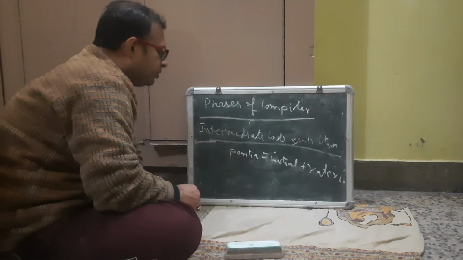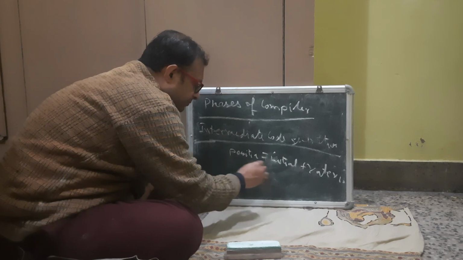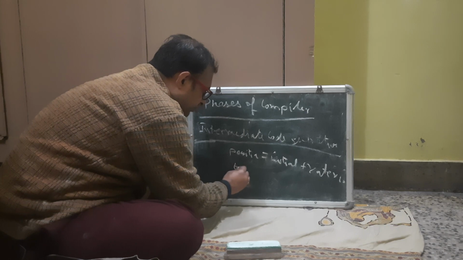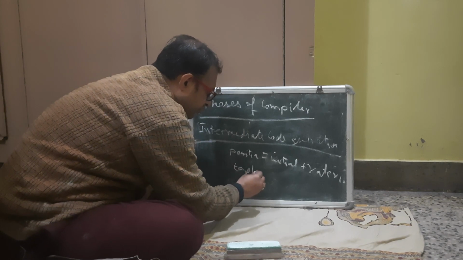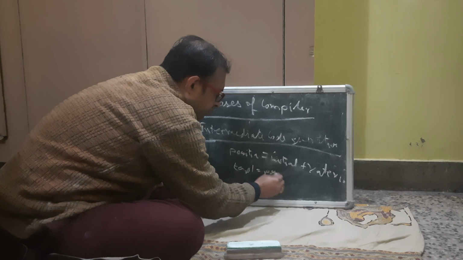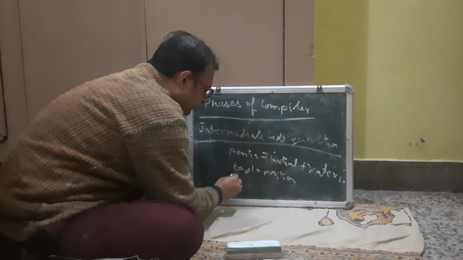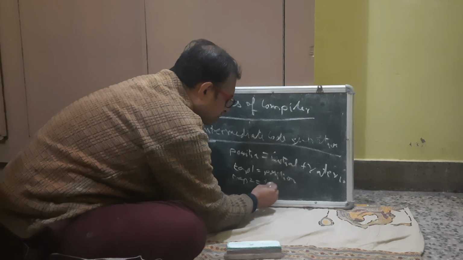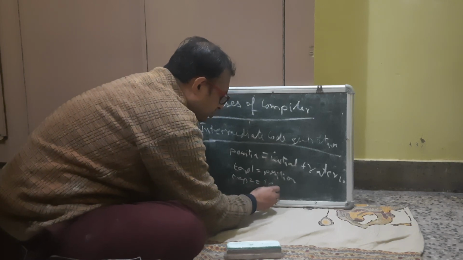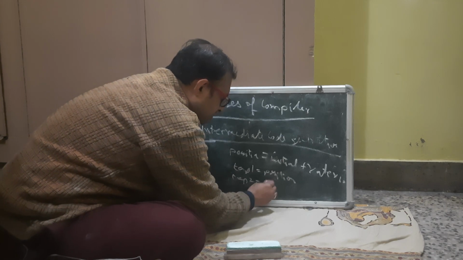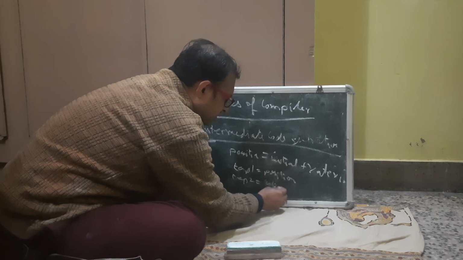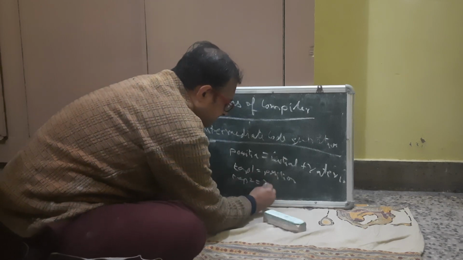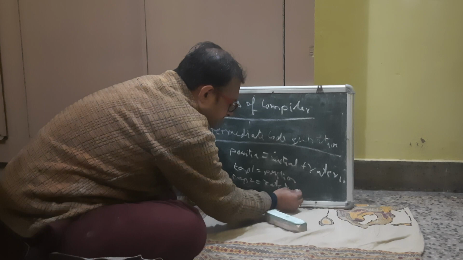What is the 3-address code? 3-address code is simply this. We take variable temp1 equals to position, and temp2 equals to rate into 60.